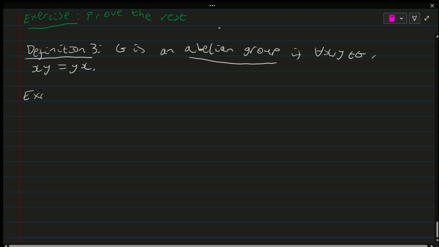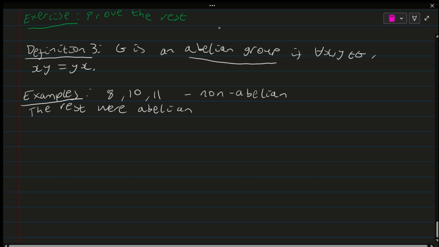So our examples from earlier, and if you look back, you should hopefully be able to see that 8, 10 and 11 were non-abelian, and the rest were abelian. By the way, we also sometimes say abelian or commutative. This is just another word that means the same thing.